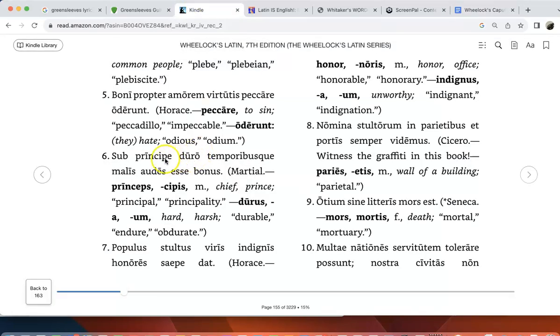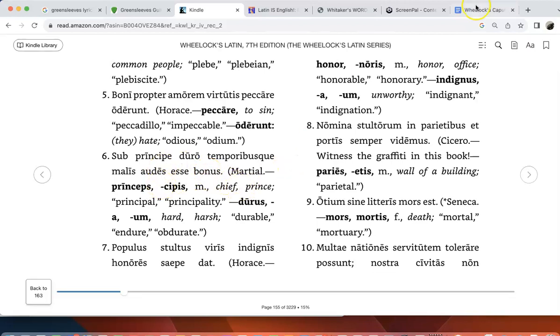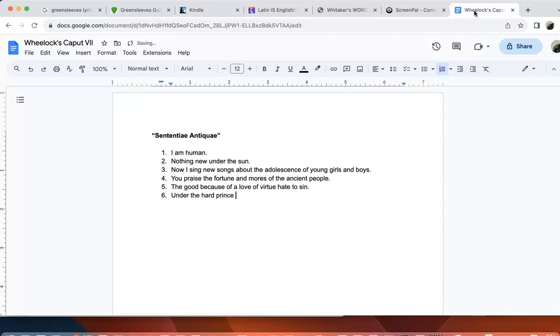So under the hard prince, you dare to be good.